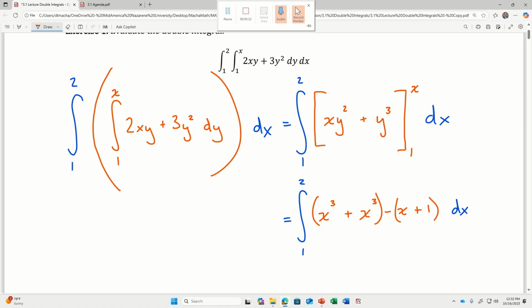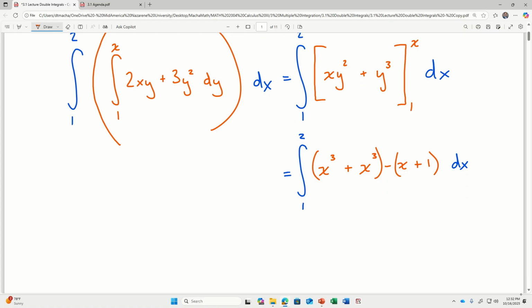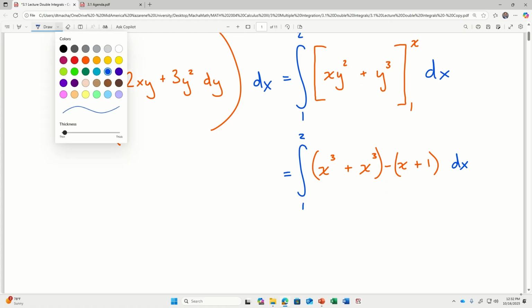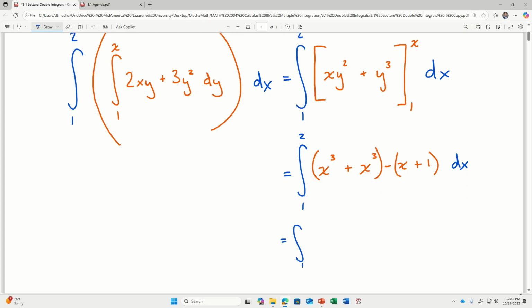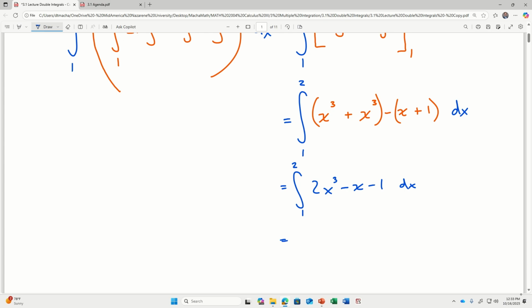Okay, and then we're ready to do the next layer, which is the integral from 1 to 2 of 2x cubed minus x minus 1. And this is the antiderivative with respect to x, and so I get 1 half x to the 4th power minus 1 half x squared minus x from 1 to 2.